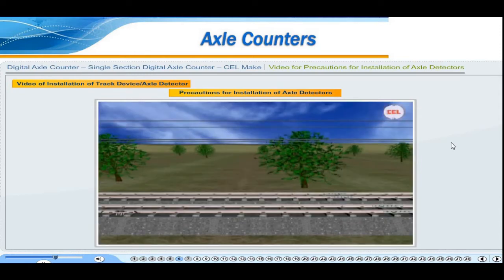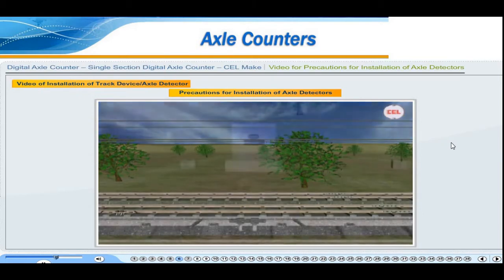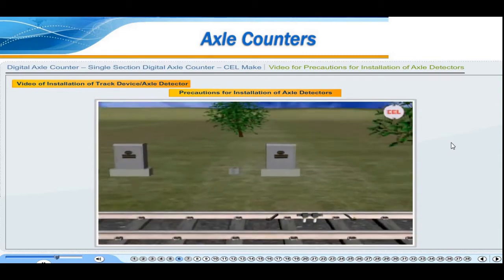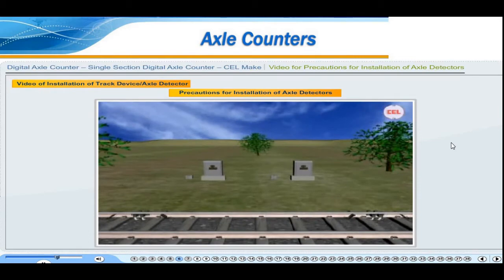Now let's take a look at some precautions which needs to be taken before installing the axle detector. 1. Ensure that the separation between axle detectors of two SSDAC systems should be at least 2 meters to avoid mutual interference. 2.